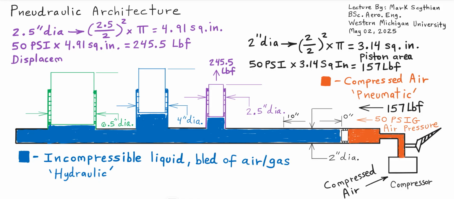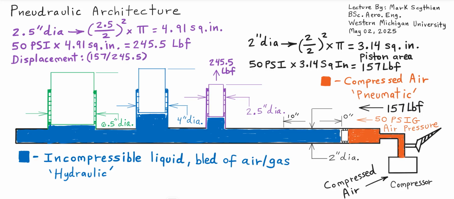And then if we want to know the displacement, remember the input piston is 10 inches. We want to know the displacement of the purple output hydraulic piston. And so we can just take the ratio of the input force divided into the output force, but because the purple piston is a larger diameter compared to the input piston here, the displacement's going to be less.